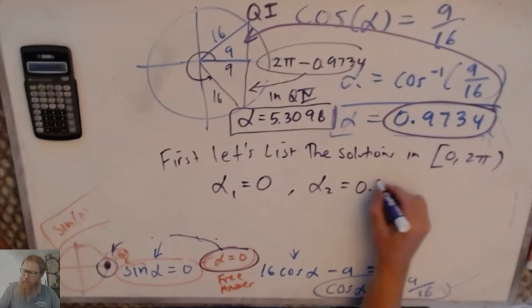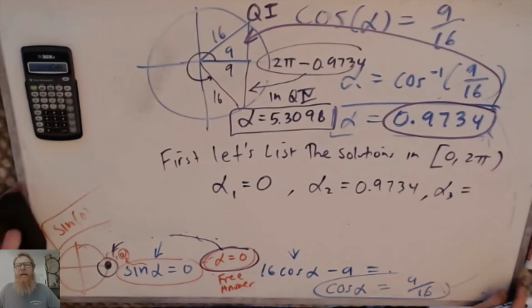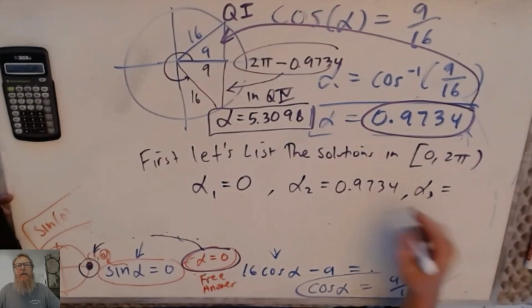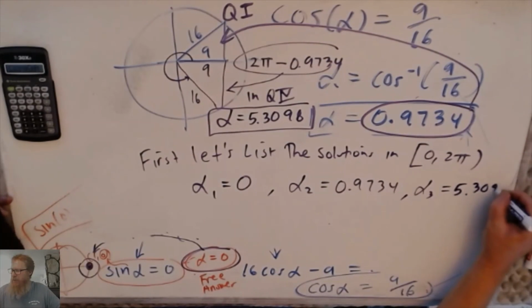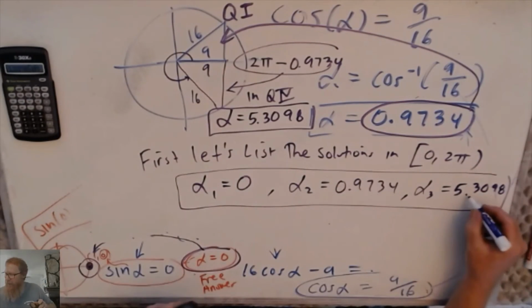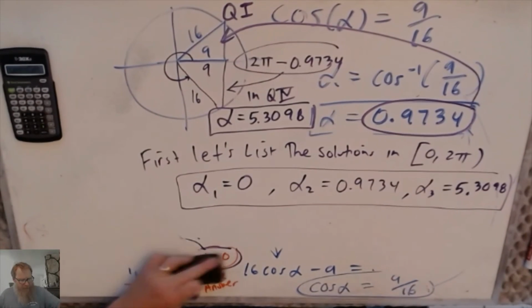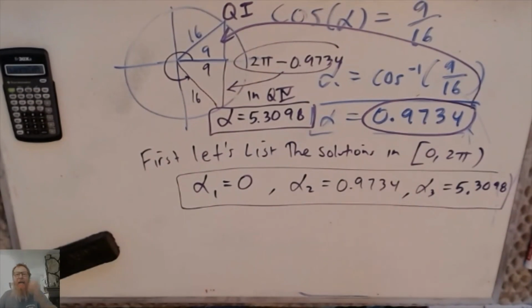That would be 0.9734. And then alpha 3 would be the quadrant 4, 5.3098. All right, so that would be your sort of primitive solutions or elementary solutions. And now we're going to add multiples of 2 pi to these.